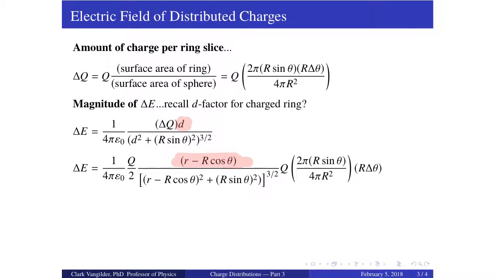Isn't it better to integrate with one variable than two? Now it's all in R and theta. R is a constant. Look at all this stuff. Yay team. Thankfully, you don't have to do this on the homework. The homework's remarkably simple in comparison.